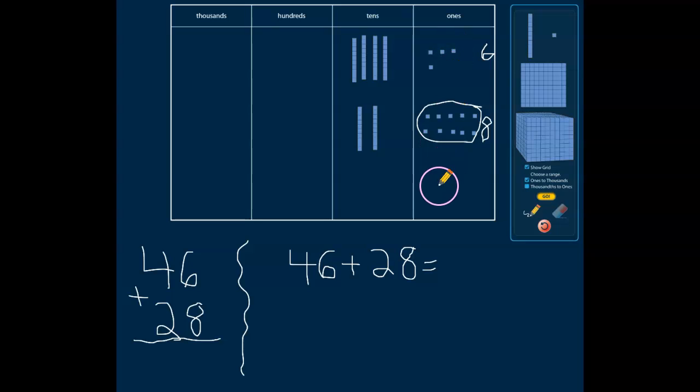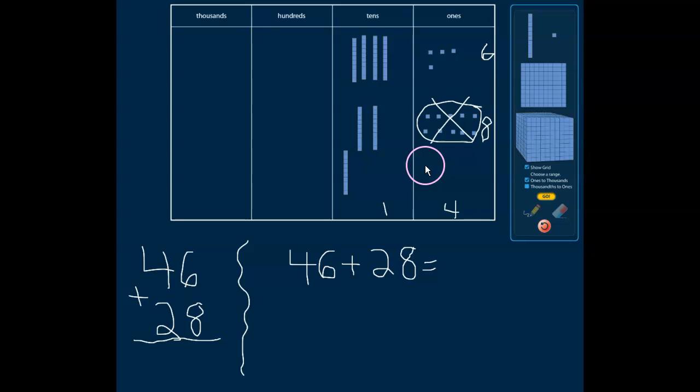Well, I can't write 14 squished in the ones place, so that means I have to regroup. In the number 14, I have 4 ones and 1 ten. So let's bring that 10 over.